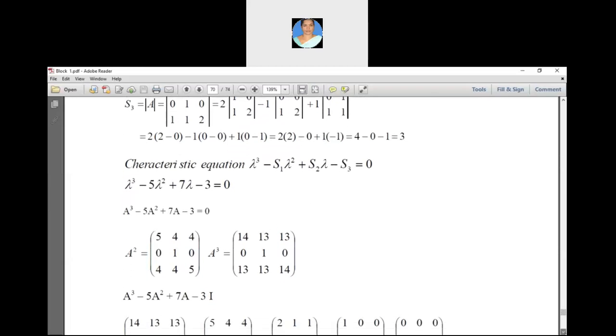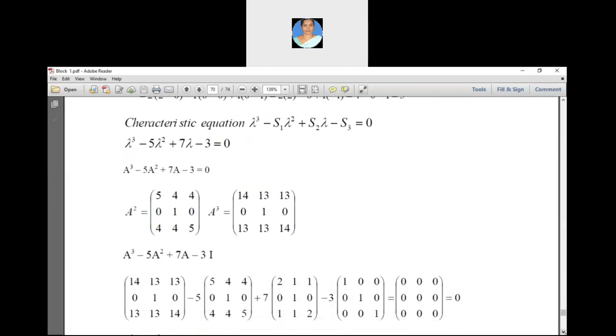First you find A square, then A cube. The identity matrix, already we know, is 1 0 0, 0 1 0, 0 0 1. First you find A square. A square means A into A. We get our result as 5 4 4, 0 1 0, 4 4 5.